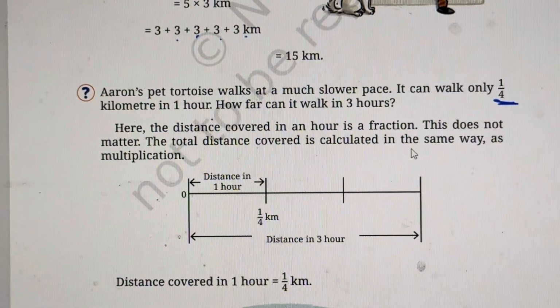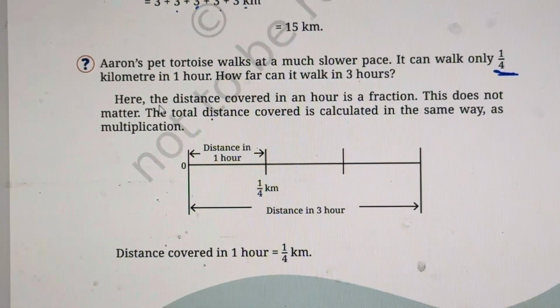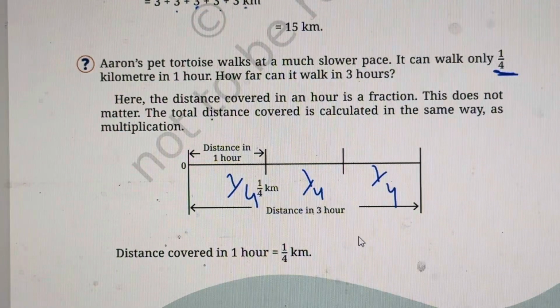Just see here. This is the first hour, second hour, third hour. In 1 hour, how much is it covering? 1 upon 4 kilometers. In the second hour also 1 upon 4, and the third hour also 1 upon 4.